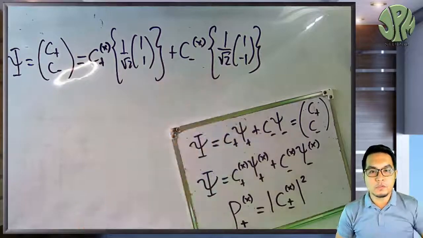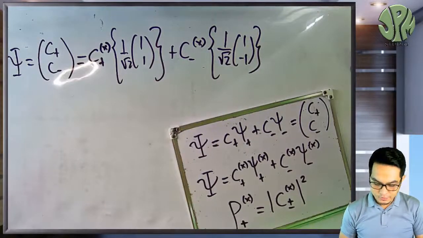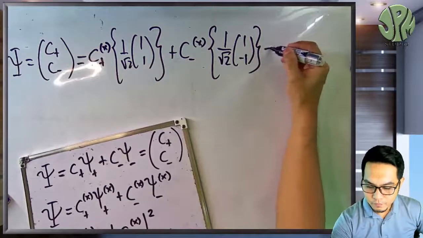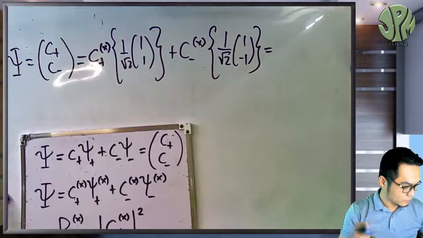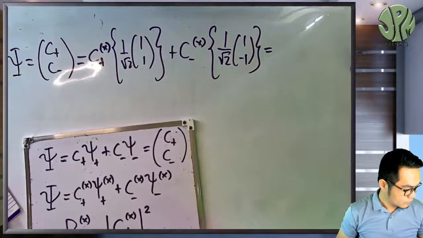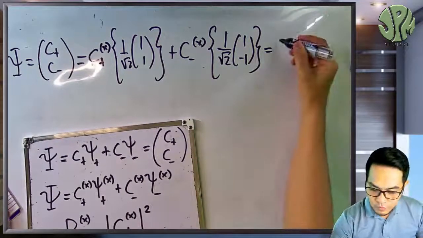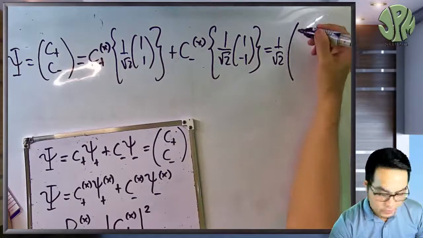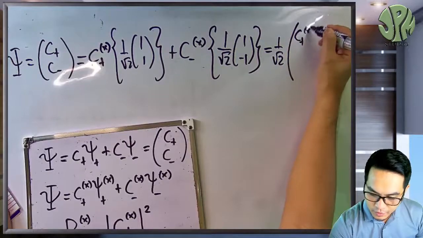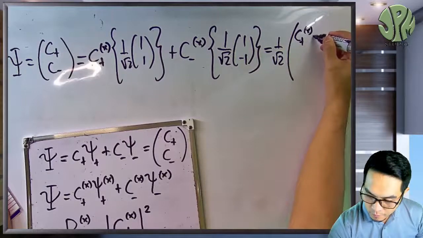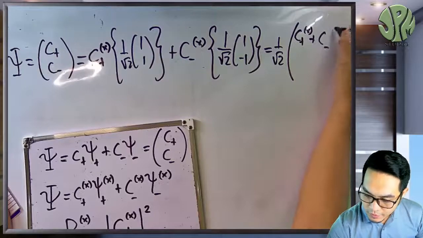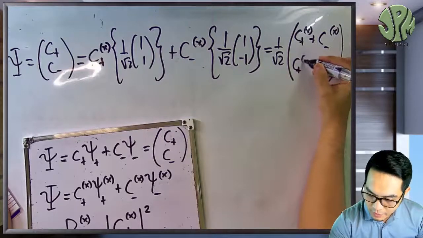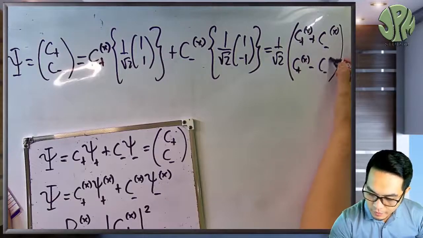Add the two column matrices, and you will get 1 over square root of 2 times: the first element is C plus x plus C minus x, and the second element is C plus x minus C minus x.